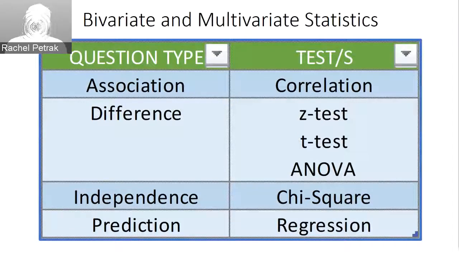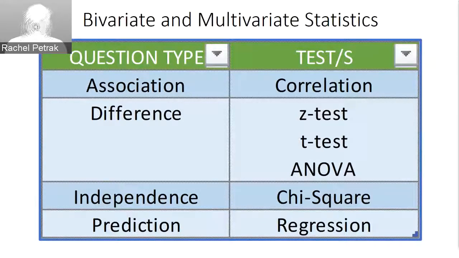This is an example of bivariate and multivariate statistics. Now, you'll see on here, we haven't done some of these tests yet, but we will. There's no need to fret about things we haven't done yet. Don't worry. You'll have time to learn them when the time comes. But for now, remember that if a question is asking you to find the association between two things, most likely this is about correlation. However, if you need to predict scores from some other scores, that's going to be in the area of regression.